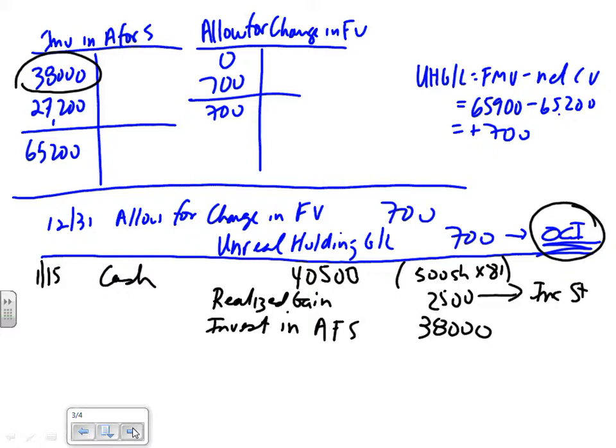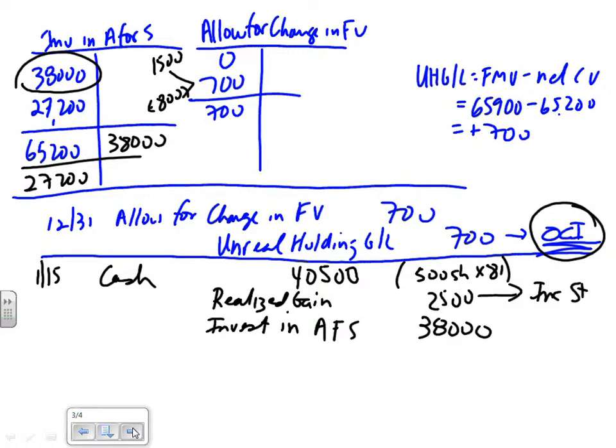Now, in addition to doing this entry, we also have to back out the previous unrealized holding gain or loss for that security. Because remember, when I recognized that $700, $1,500 of that related to Carroll, and an $800 loss related to Dynamo. And so when I back out this $38,000, I end up with $27,200 in my investment for available for sale.